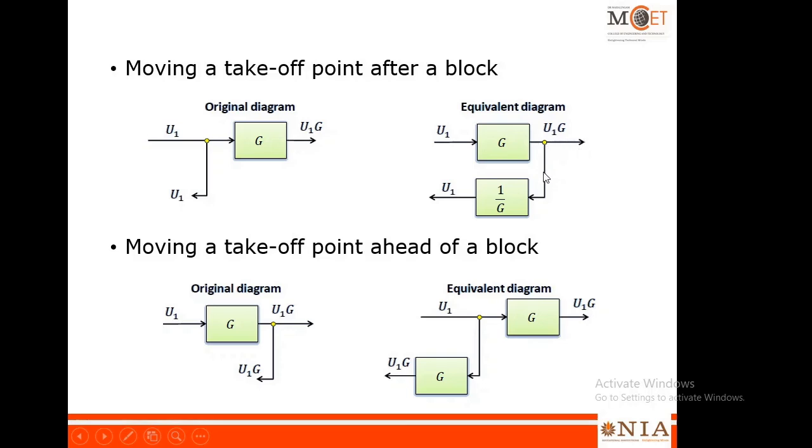When you tap it, u1 into g, when it is multiplied by 1 by g, g gets cancelled, and the output of this wing is kept at u1. That is the same as this left hand side case. So this slide is regarding movement of a branching point towards the right and left of a block.